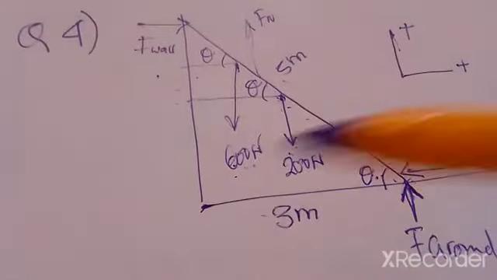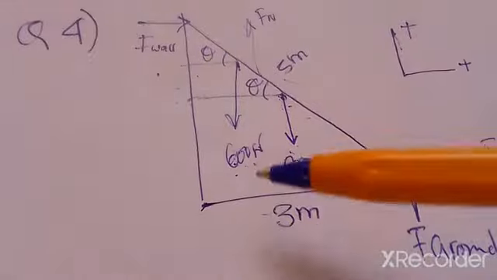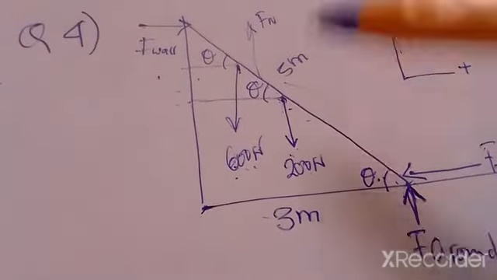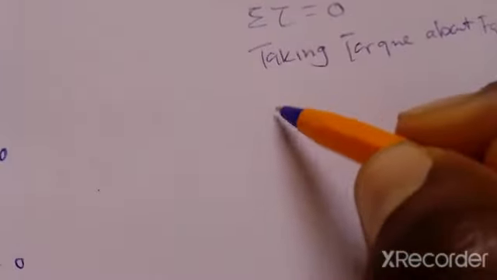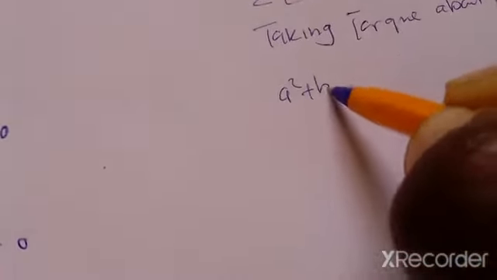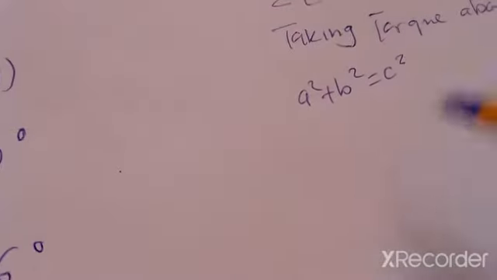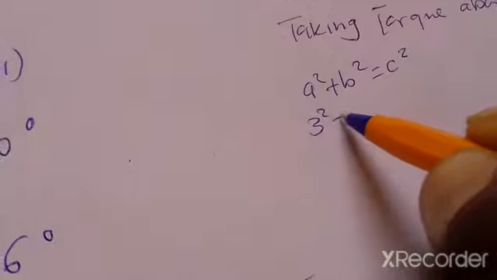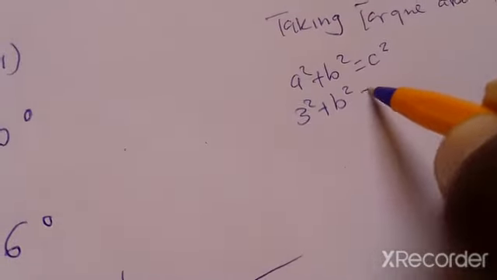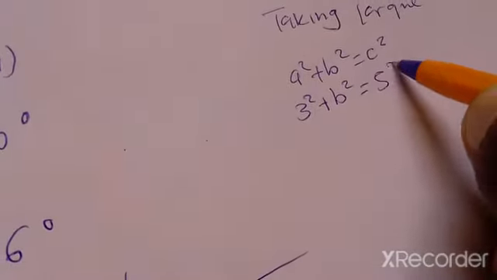To calculate this distance, we can even use Pythagoras theorem, because we have 3 meters and we've got 5 meters. We are finding this. So from Pythagoras theorem, we know that a squared plus b squared is equal to c squared. We have a squared, which is 3 squared, plus b squared is equal to c, which is 5 squared.